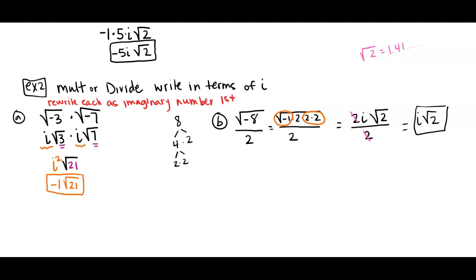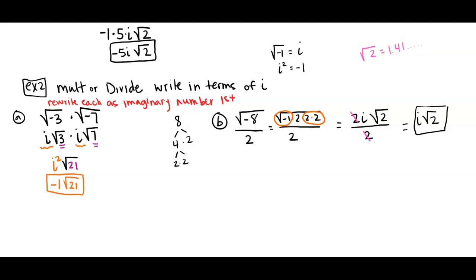Sure. So on this example, switch the i squared to the -1. On this one, would you keep it as i, or do you change that to -1 as well? Well, remember that the square root of -1 is i, and i squared is -1.